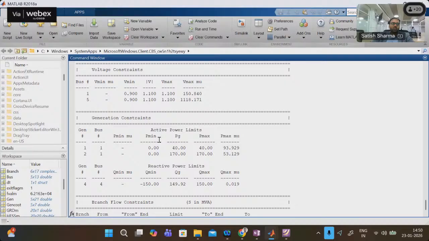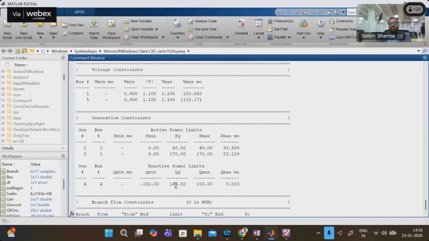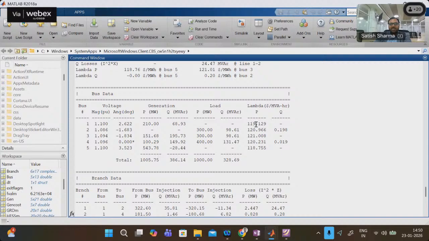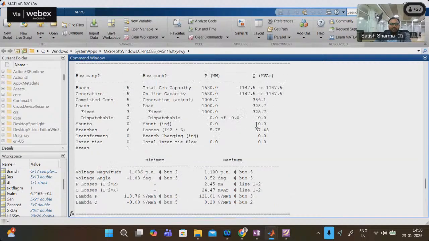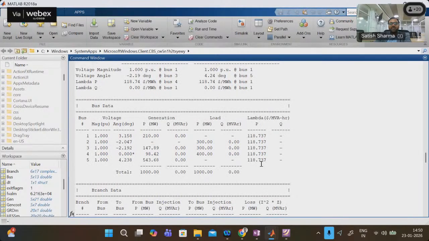So here you can see there is no branch flow constraint, so there are no line limits. So we can basically check the LMPs. Here LMPs are 119, and earlier when we performed DCOPF, it was 118. So LMPs are different, but they should come out equal. So why is this happening?